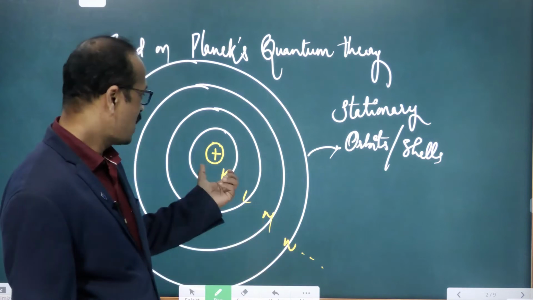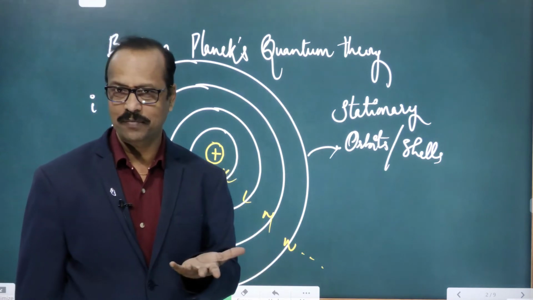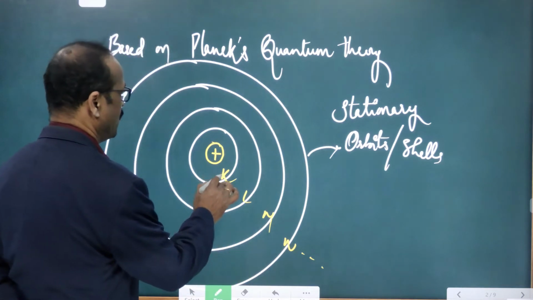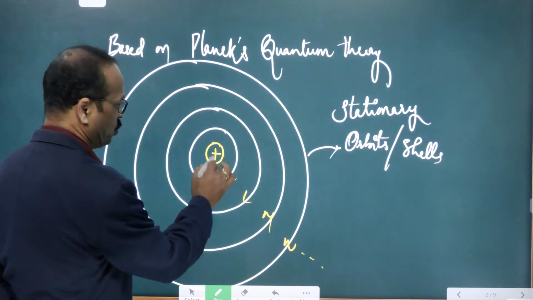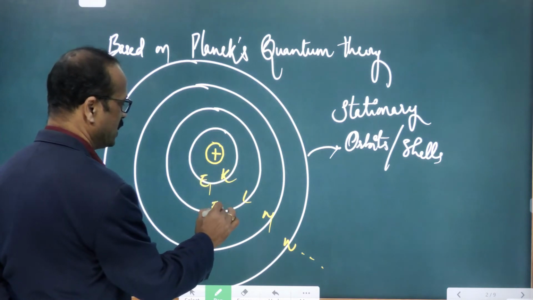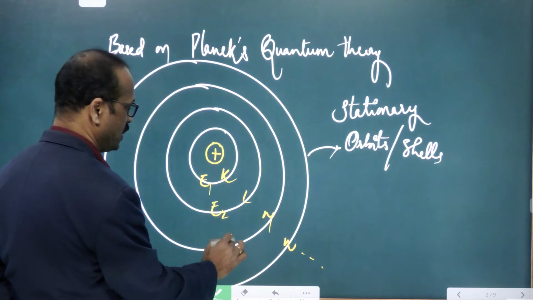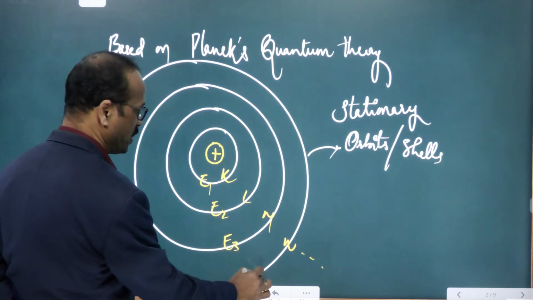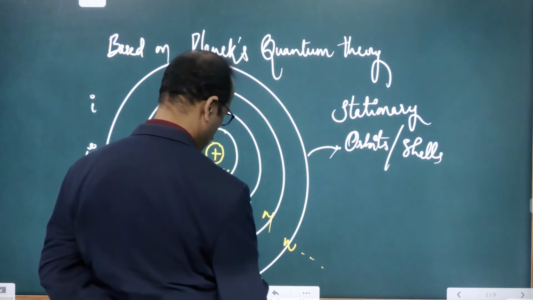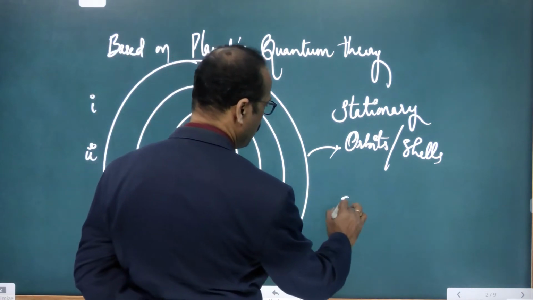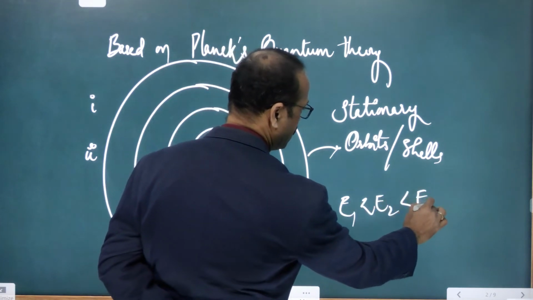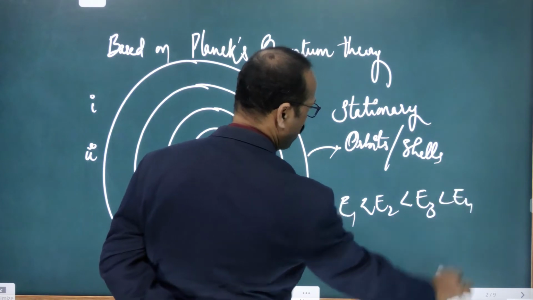Or you can say that as the size of the orbit increases, the energy of the orbit also increases. For example, see here, let's think this is the K shell very close to the nucleus, let its energy be E1, and the L shell, let its energy be E2, the M shell E3, the N shell E4. So, according to Niels Bohr, E1 has the least energy, then E2, then E3, then E4 and so on.